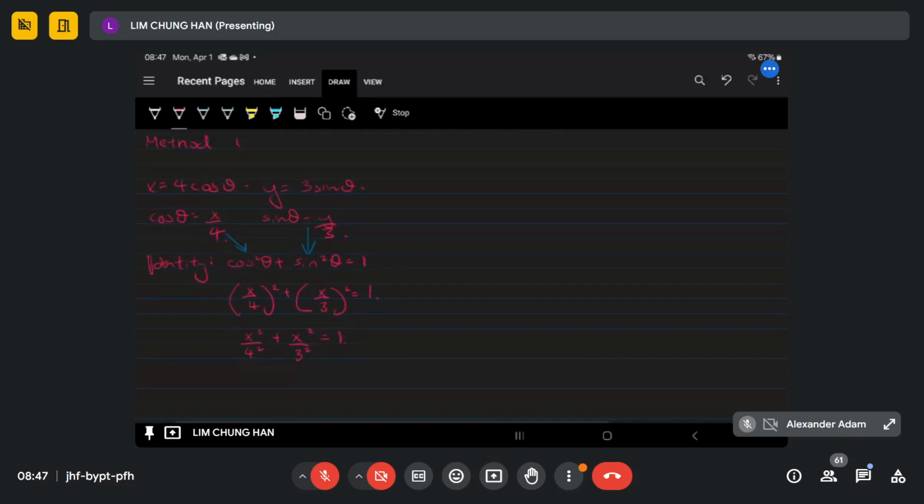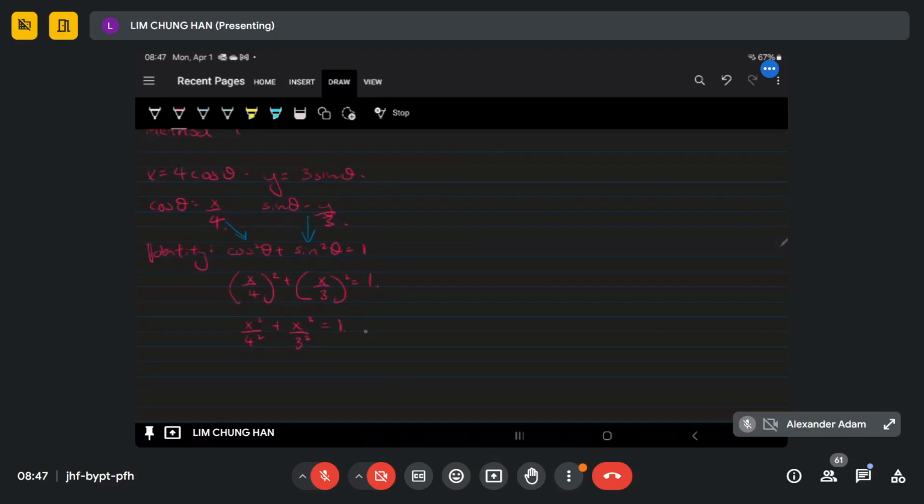So now you have the converted x and y function. What shape is this? It's a bit like a circle, but not a circle.